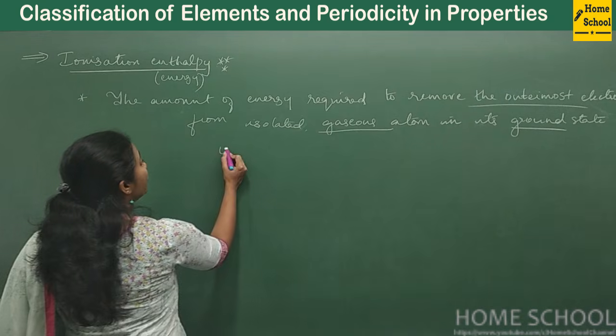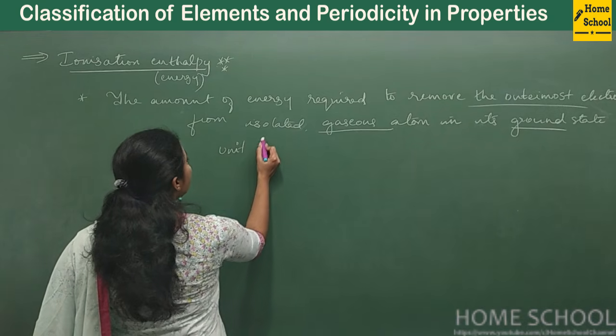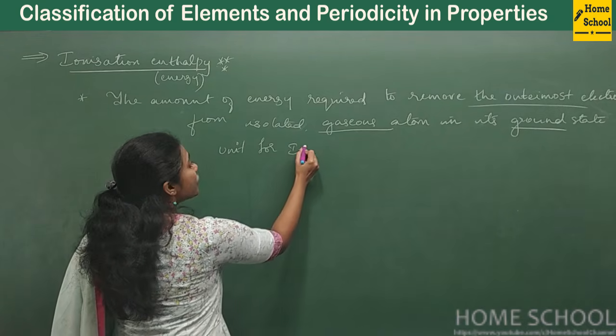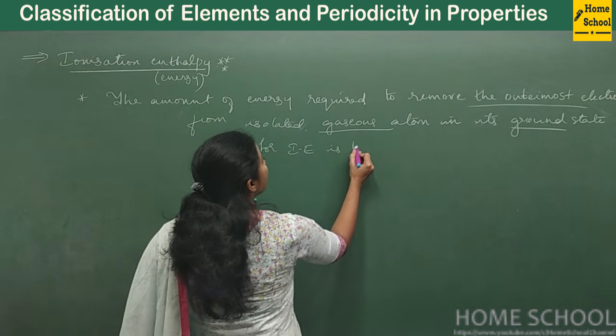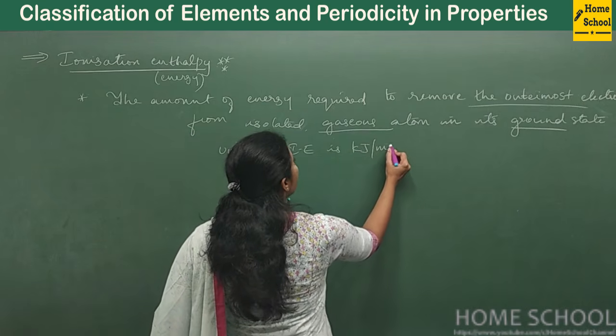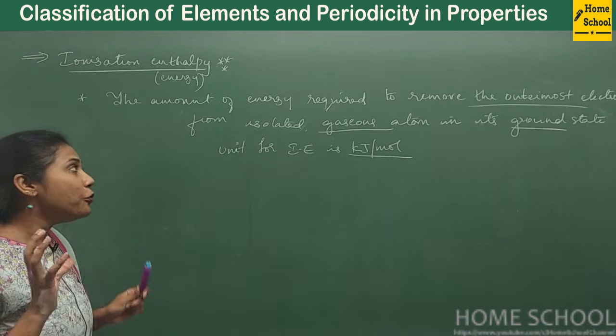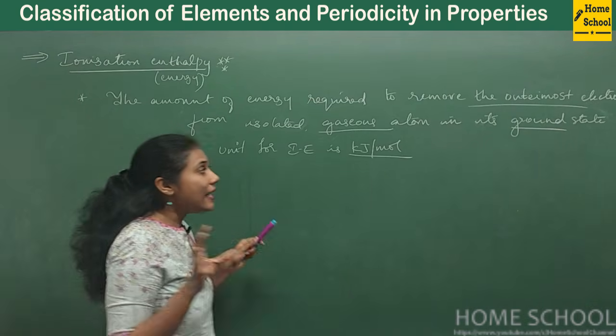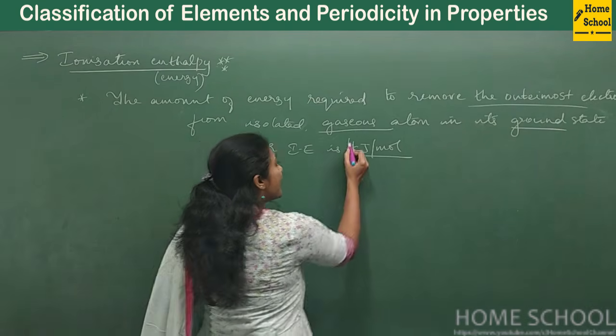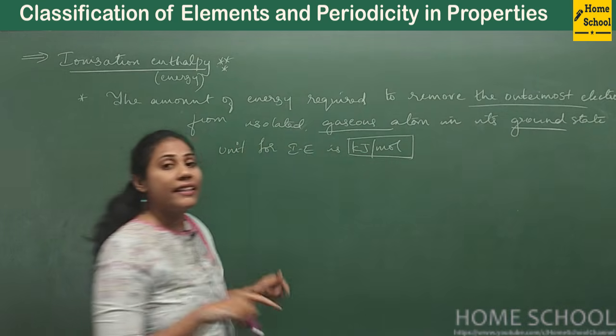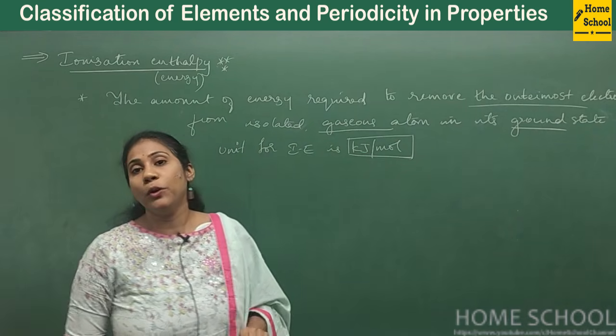The unit for ionization energy is kilojoule per mole. Remember the unit, this is also very important. Usually for energy in chemistry we use kilojoule per mole as the unit.